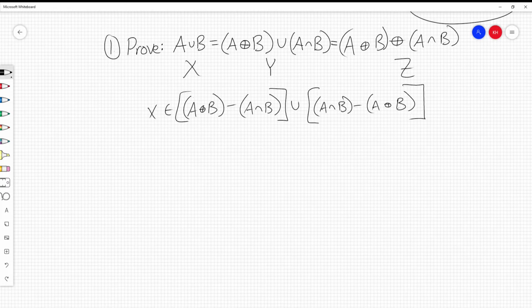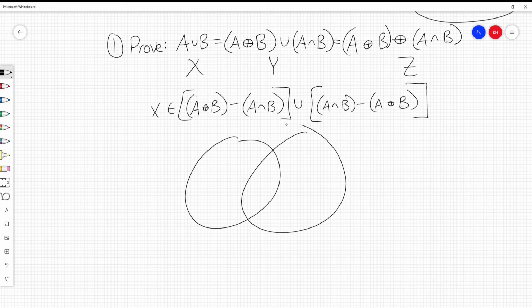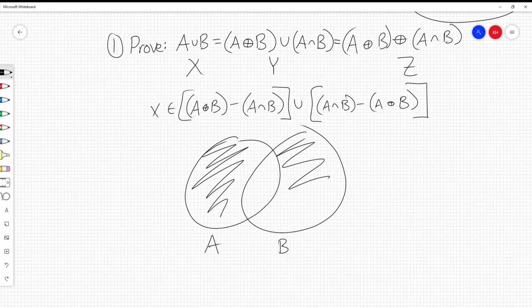Right? And the one thing to visually notice about this, again, is that we're basically at what we had for Y, but just worded a little differently. If we look at this in a Venn diagram of sorts, A and B, again, we have the symmetric difference in the two individual parts, and then we have the intersection in the middle.